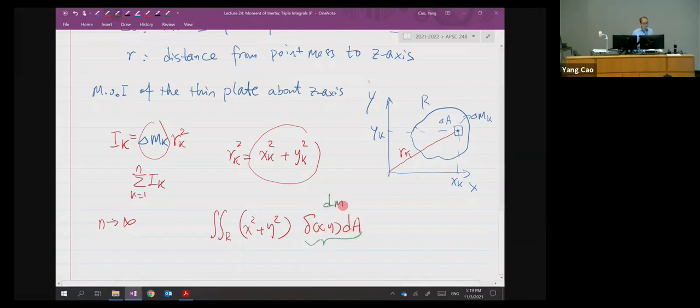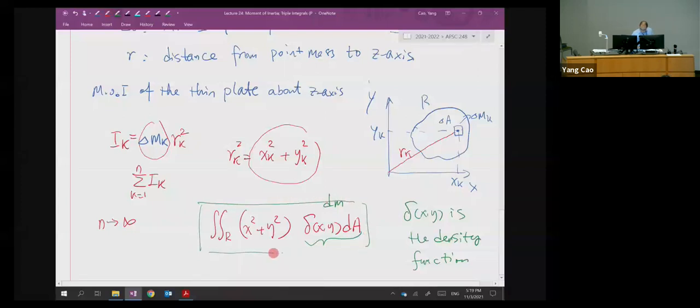Okay. So delta is the density. So delta x y is the density function. So now you get a double integral, and this double integral here is basically the moment inertia we're looking for.